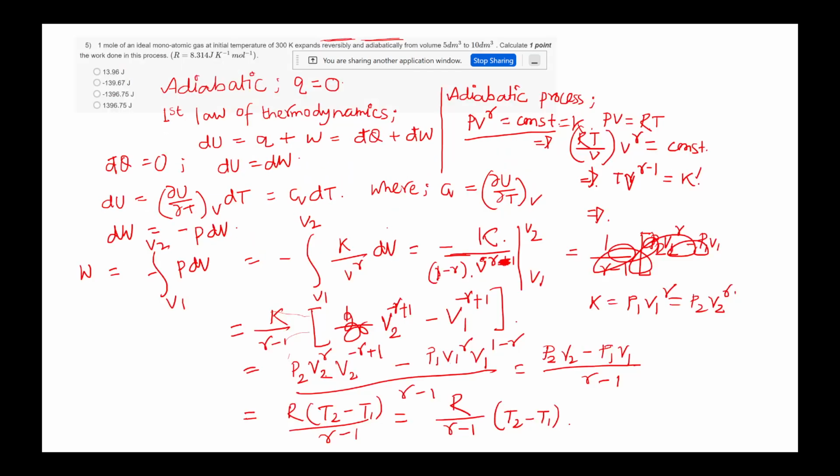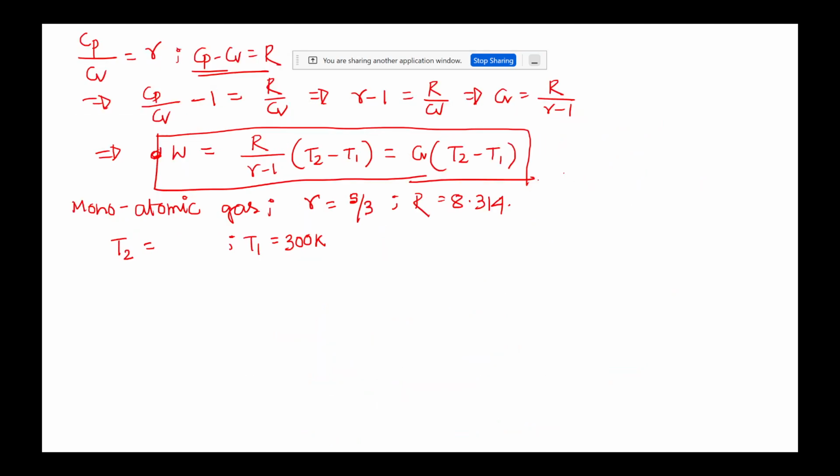For T2 we have to get help from this equation. To find T2 we have to write T2 V2 to the power gamma minus 1 is equal to T1 V1 to the power gamma minus 1. That implies T2 is equal to T1 times V1 by V2 to the power gamma minus 1.